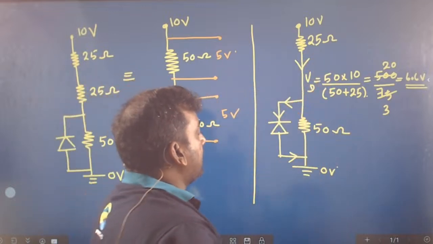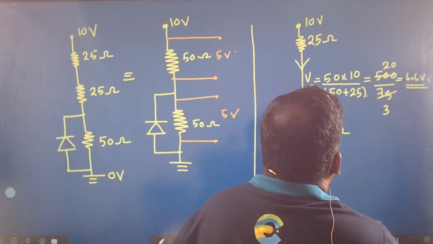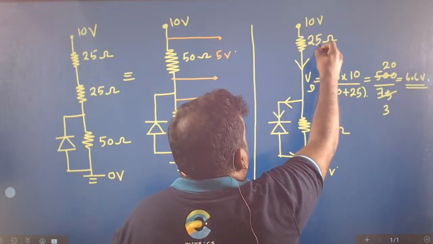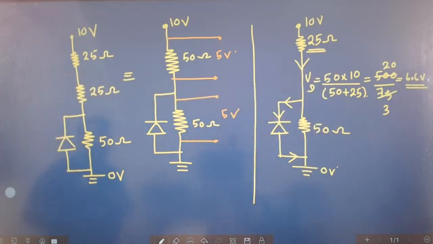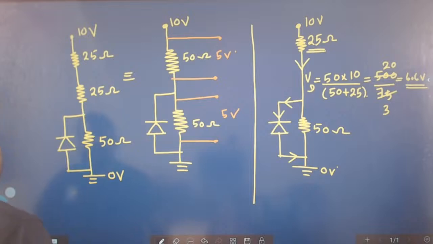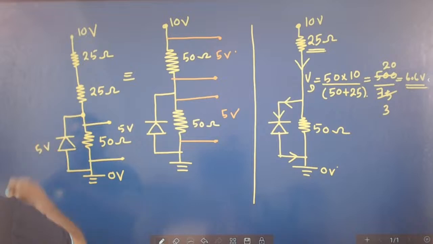So what will be the voltage? Look at this. So here 25 ohm is there. What can you say about this? Here you will get 50-50, 5 volt, 5 volt. So breakdown voltage 5 volt means here 5 volt is taking place. 5 volt there means 5 volt here.